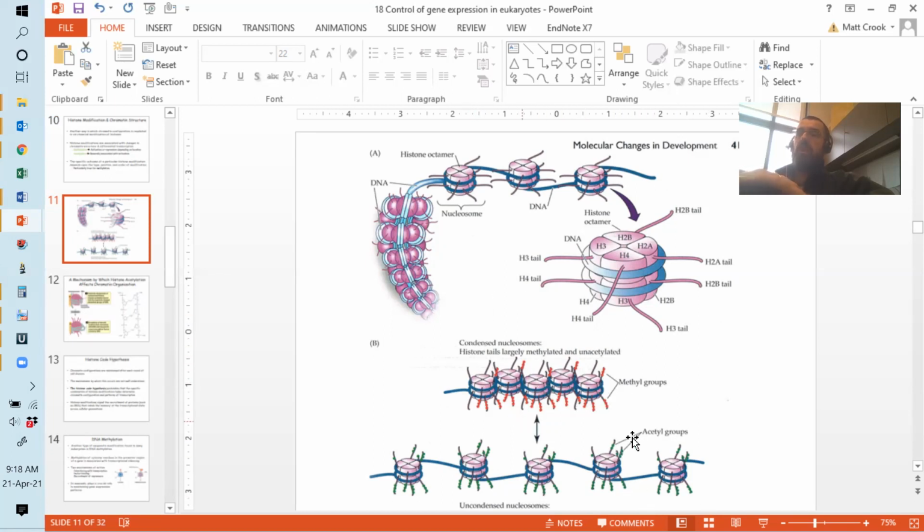You can go between highly methylated and deacetylated histones, which are closed, kind of transcriptionally off, and demethylated and acetylated histones, which form open chromatin, which is uncondensed and accessible. So let me just bring up the chat.